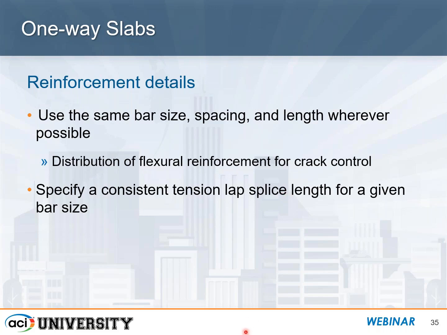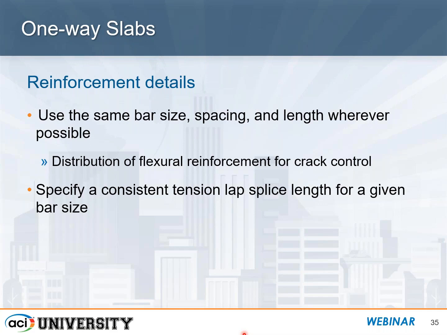Now, in terms of reinforcement detailing, certainly we need to satisfy all of the ACI 318 requirements for strength and spacing. And once we choose a bar size, we'd like to use that same bar size and spacing and length wherever we can throughout the structure.